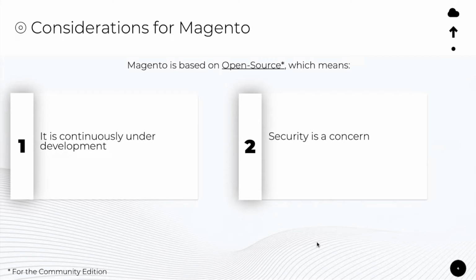So that's why there will be continuous development around Magento. Also, whenever we are based on open source or integrating with a lot of open source components, then security is one of the concerns of a Magento setup.